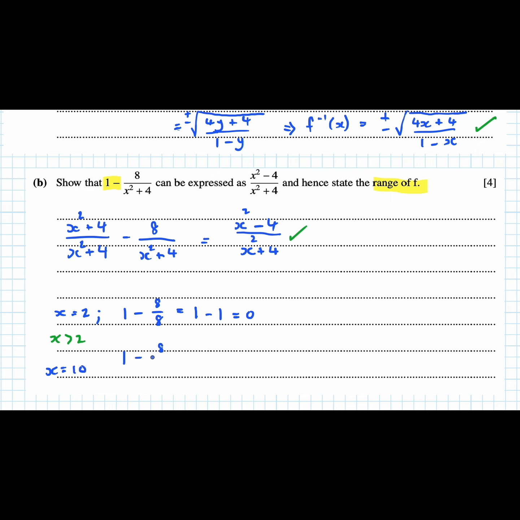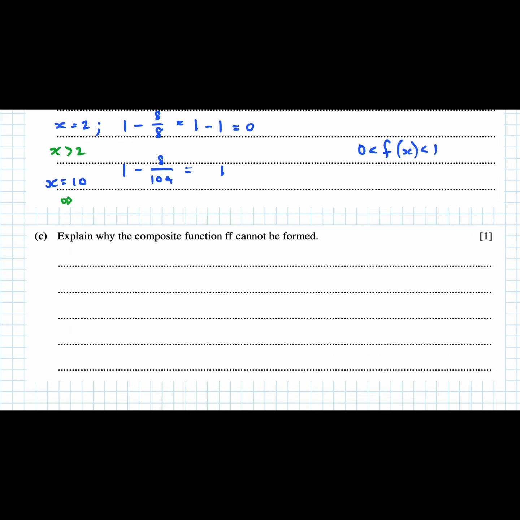We'll say 10. So 8 over 10 squared plus 4 is 8 over 104. So it's going to be a fraction. It's getting smaller, we say, as the value of x gets larger. So it's towards 1. So our range is between 0 and 1, essentially.